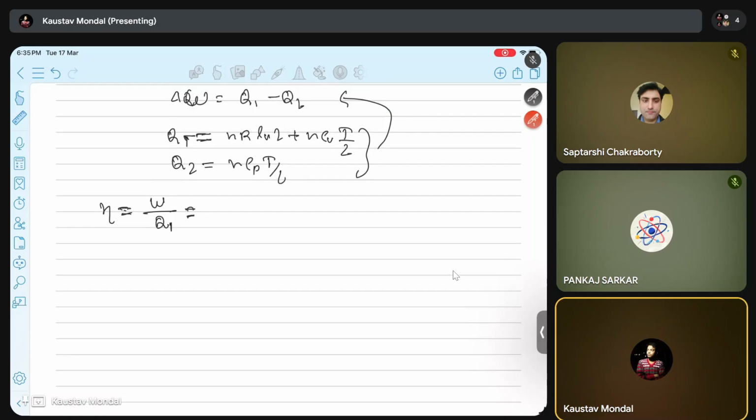So work done is nothing but Q1 minus Q2, divided by Q1, or 1 minus Q2 by Q1. For this problem it would be Cp by Cv minus R by 2.